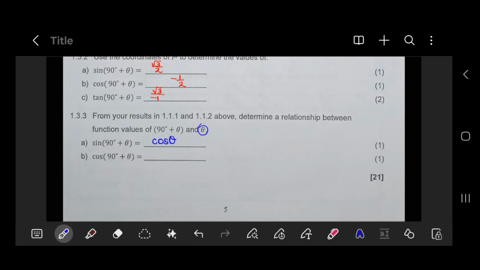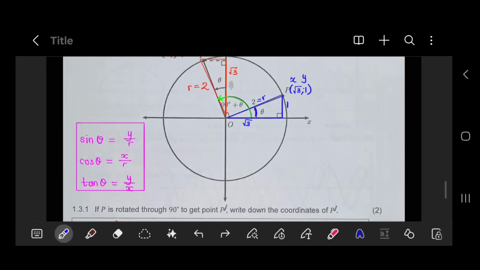So sine of 90 plus theta is equal to cos theta because they both give us the fraction square root 3 over 2. Next, we want to get cos of 90 plus theta. If we refer above, cos of 90 plus theta was equal to negative a half. So we're going to work with that blue triangle and see how we can get negative a half. In terms of theta, we can get a half if we use opposite over hypotenuse, which is sine, but we needed negative a half.